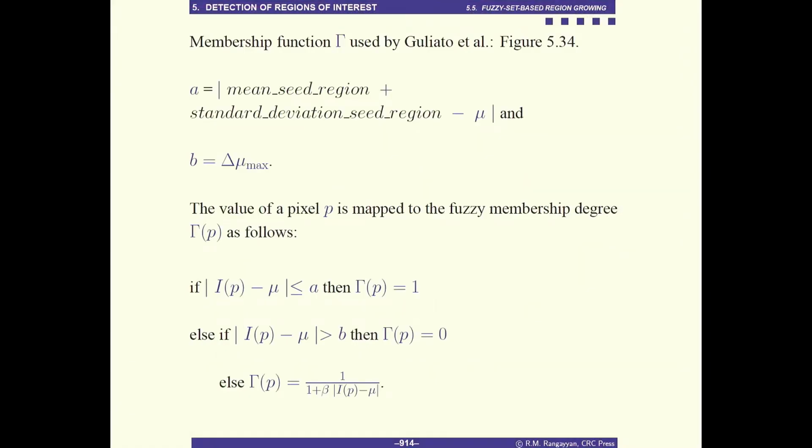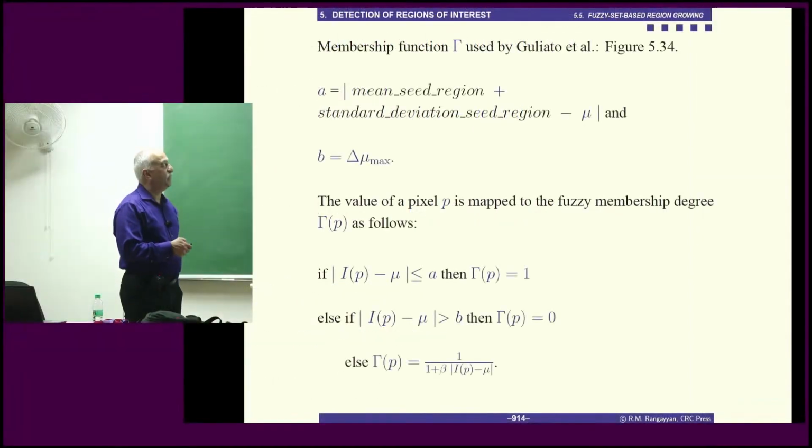The membership function, we gave a different definition here. It's mean of seed region plus standard deviation of seed region minus mu, and this B is delta mu max. These are two parameters of the function. I'll show in a moment. The value of the pixel P is mapped to the fuzzy membership degree if the pixel value minus the mu is less than this threshold tau, defined by that A. Then this gamma P is equal to 1.